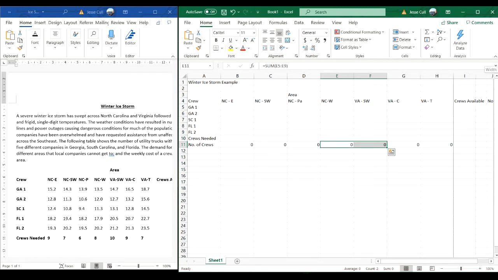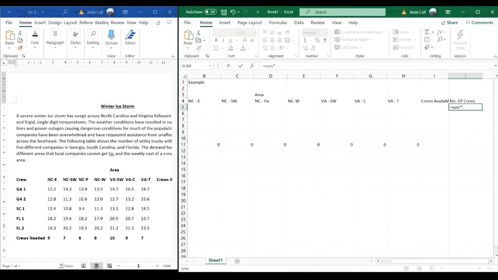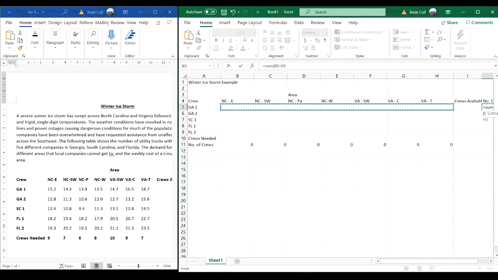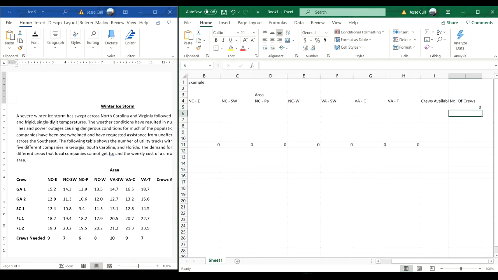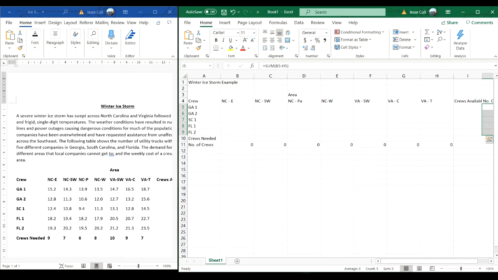So over here, same thing, equals sum of these 7 locations. And we'll fill down for the 5 different places. So we've filled in all of our relevant information so far.